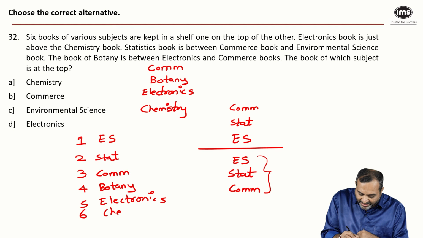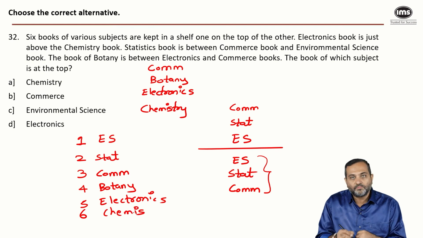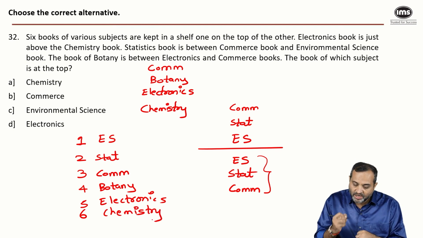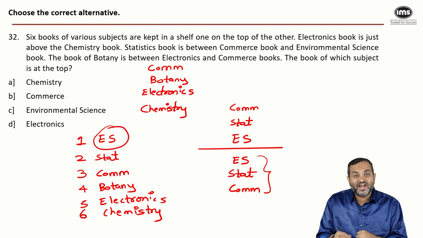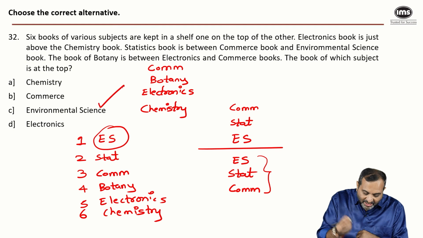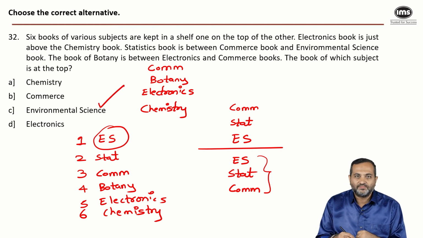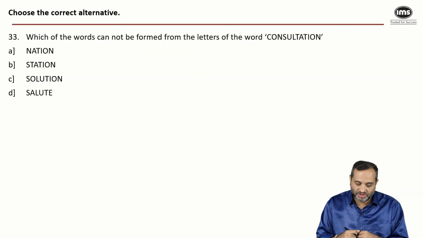I get a complete diagram here. So the question is, the book of which subject is at the top? Can I say the book of environmental science is at the top? Hence the answer is option C. Let's look at the next question.